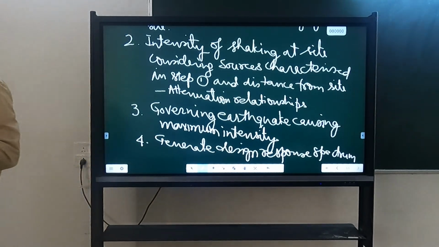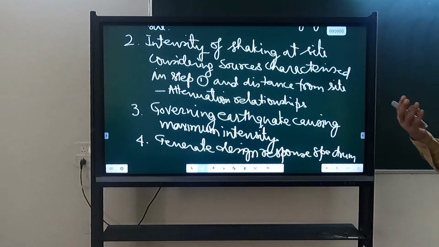The only problem is that the data for past earthquakes which we have is only for 50, 60, 70 years. So based on 70 years, we are predicting much longer periods. We will talk about those periods, something like 475 years or 2,500 years. So that large period we are trying to predict, and that is the source of error. That is the source of uncertainty.